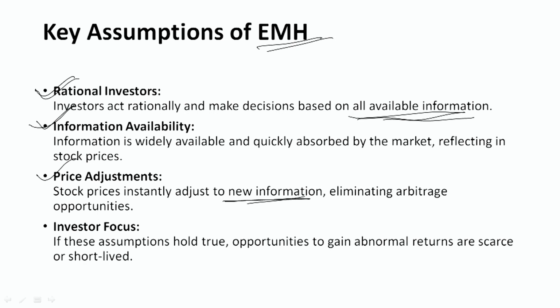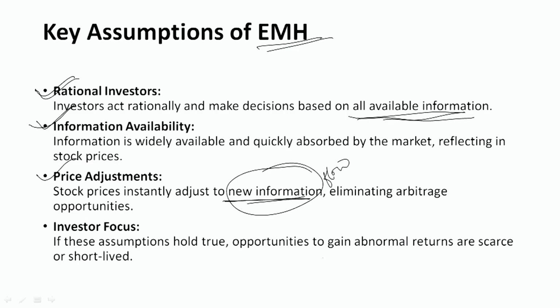So the prices are fluctuating based on information flow. If the information received is good, then the prices may go up. If the information received is bad, then the prices will come down. So the prices will adjust according to the information flow.